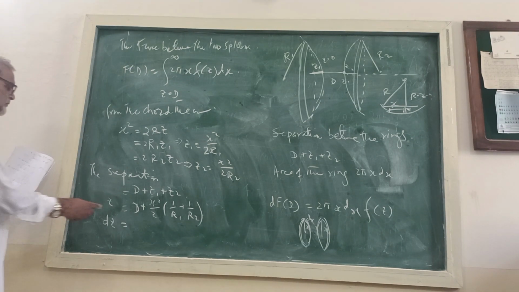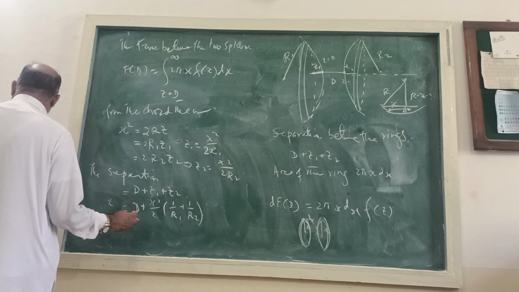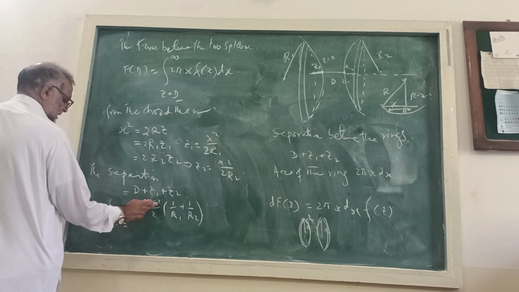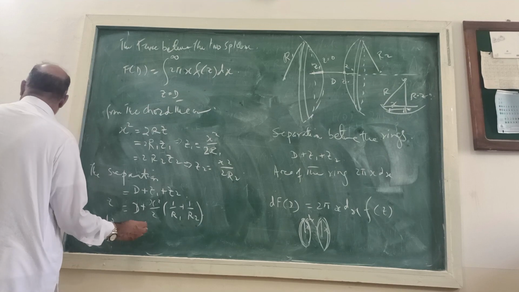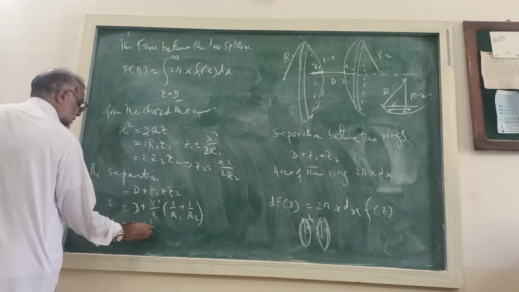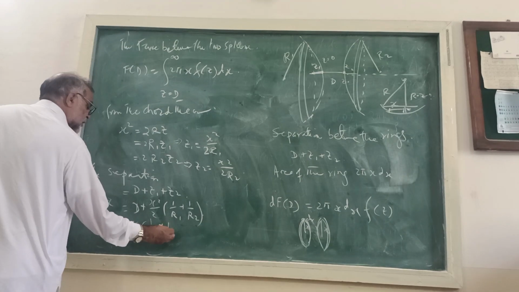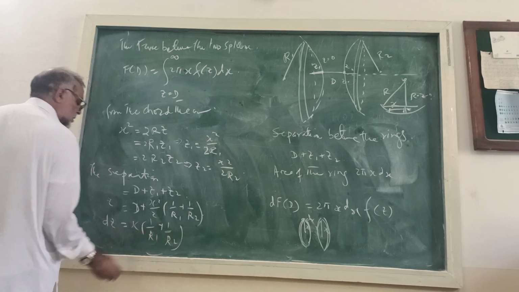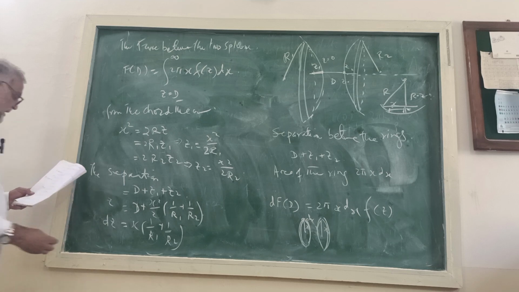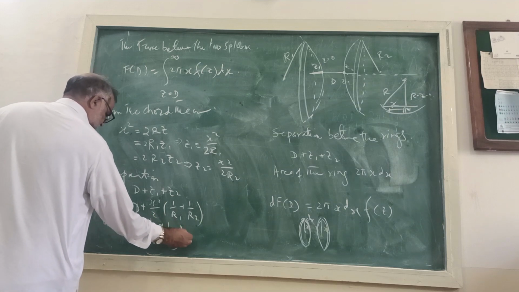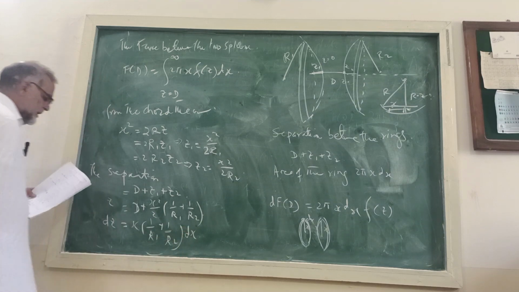So that will be equal to 2x, right? And 2x will cancel, and it will be x, and 1 over r1 plus 1 over r2, dx. Differentiating that.